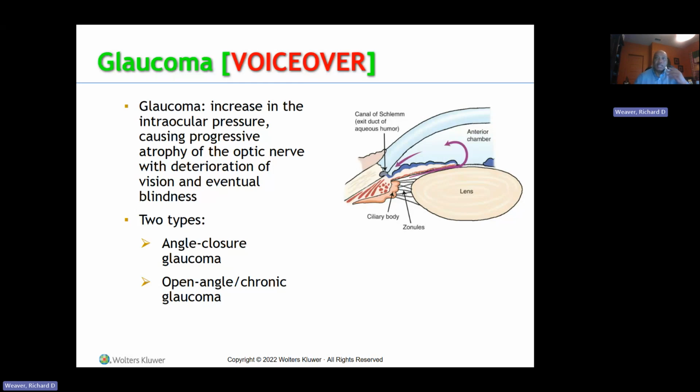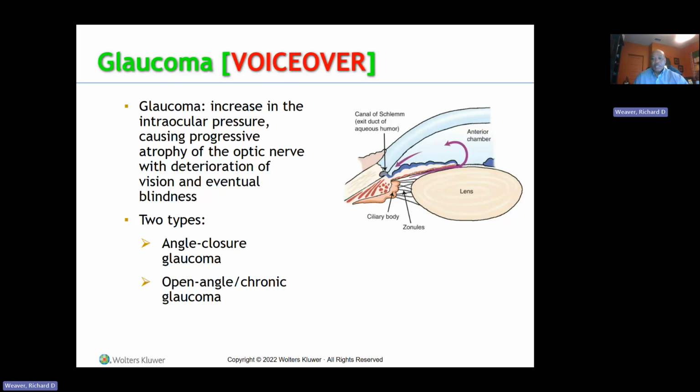Remember, the optic nerve relays the visual stimuli that we receive from the environment, taking that impulse, a signal, back to the brain, and then the brain interprets what you see. So this optic nerve atrophies. It becomes smaller because of all this pressure, and of course the vision is going to deteriorate because of this. If left untreated, it can lead to blindness.